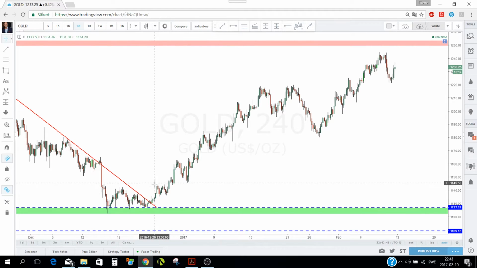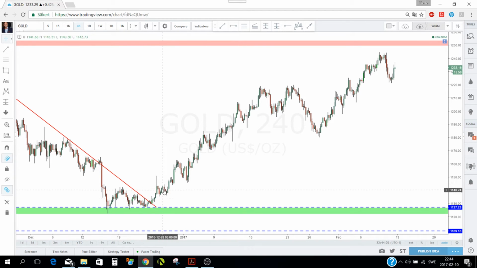And when price went above this last swing high here, we got another signal that we have at least a break of the downtrend, and we may have a reversal.